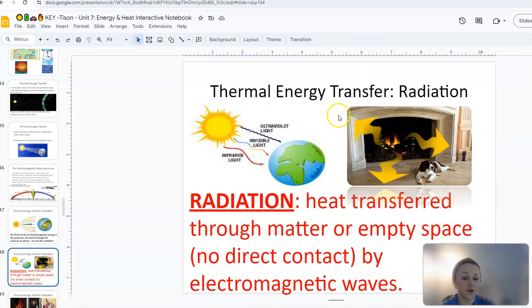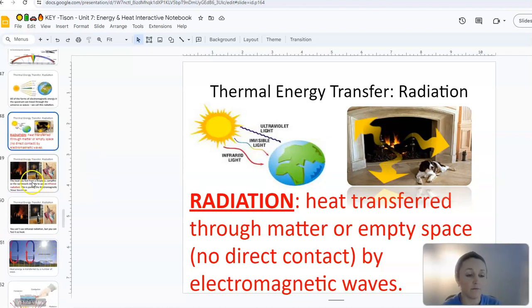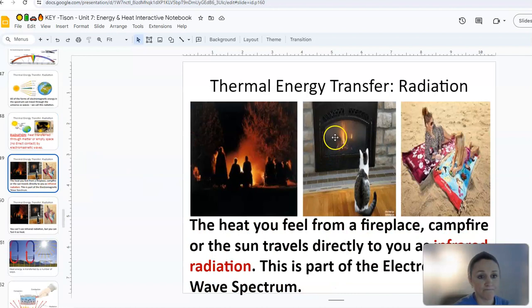So radiation is heat transferred through matter or empty space by electromagnetic waves. So if you're feeling heat from a direct source because you are not touching it, it's not circulating the air, then we can consider that radiation. So a fire, you stand in front of the fire, you feel heat from the fire directly in front of you because of the waves that are being emitted from that fire.